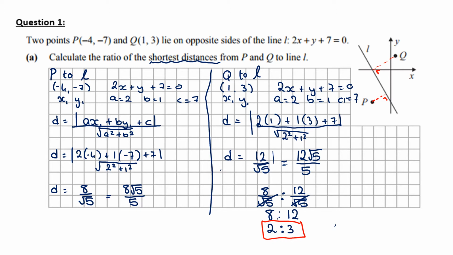This is a really good example where leaving it in surd form makes the question and your answer a lot easier than if you were to try use decimals or rounding it in some way. If you use decimals, you might not get this really nice cancellation that happens here at the end. So oftentimes it's in your interest to work with fractions and surds rather than changing things into decimals.